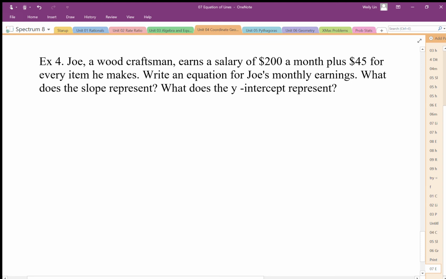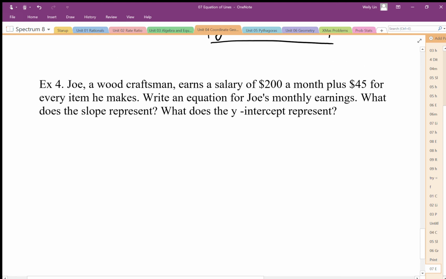Okay, so the last one here, we've got Joe, a wood craftsman. He earns a salary of $200 a month plus $45 for every item he makes. So write an equation for Joe's monthly earnings. Okay, so the monthly earnings is going to be Y. That's our dependent variable, equal to monthly earnings.